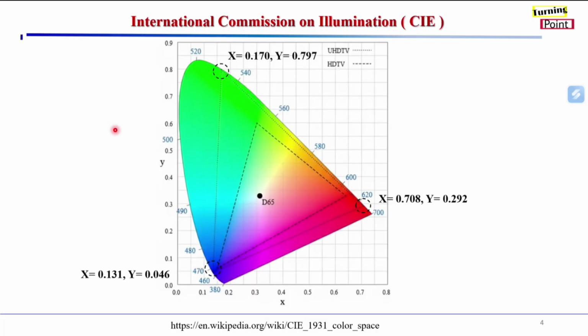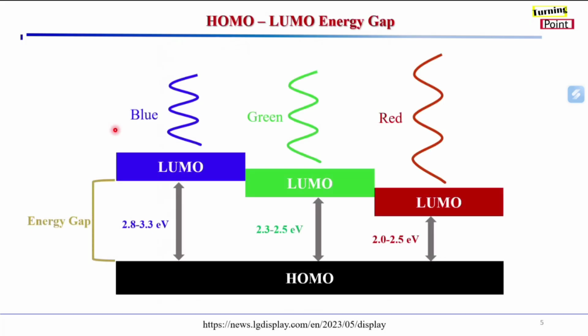achieving emission in this region with high efficiency, color purity, and good stability is extremely challenging, because the energy gap between the HOMO and LUMO in the case of the blue emitter is high compared to the red and green emitters. Here the energy gap in the case of the blue emitter is around 2.8 to 3.3 electron volt.